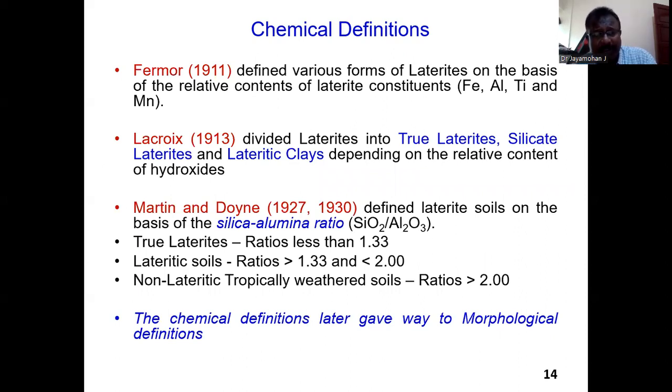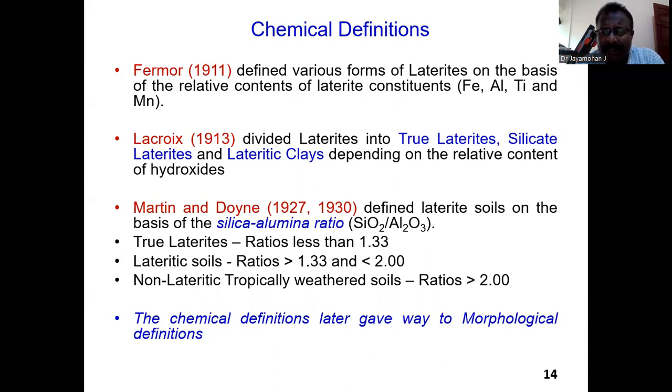In the 20th century, Fermer defined various forms of laterite based on its ferrous, aluminum, titanium, and manganese contents. And Lacroix divided laterites into two: silicate laterites and lateritic clays. All these are by various researchers, who classify laterite into different terminologies based on various parameters.